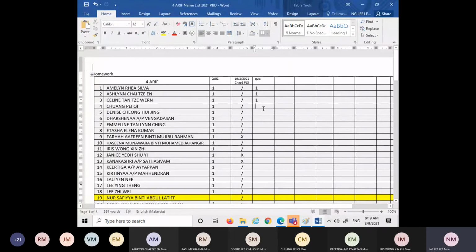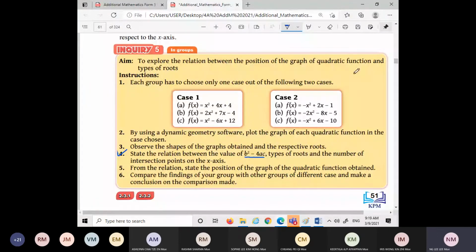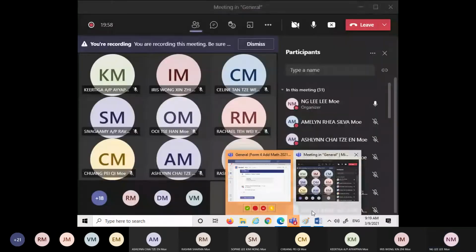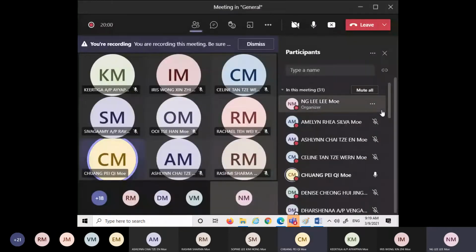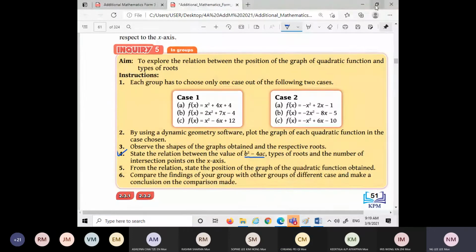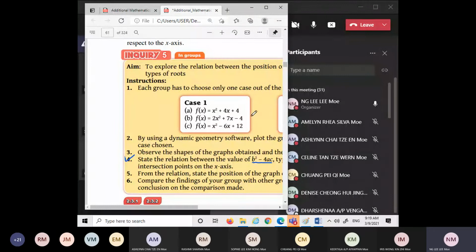Okay, can I have Peiqi? Yes, teacher. Can you help me with this? Case 1A.